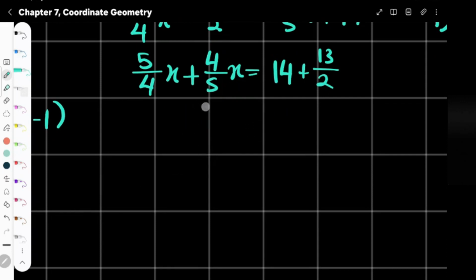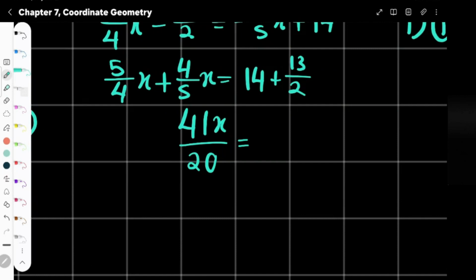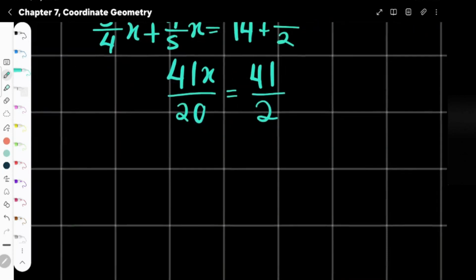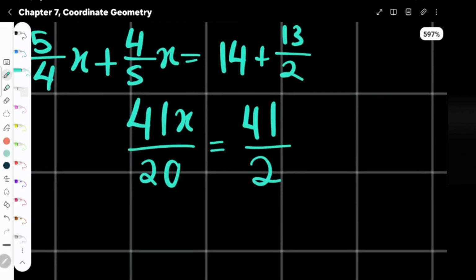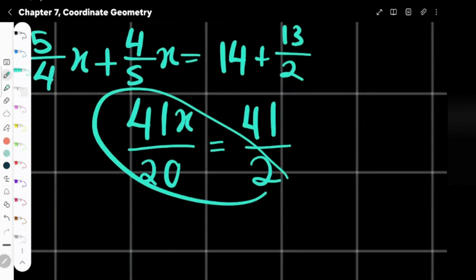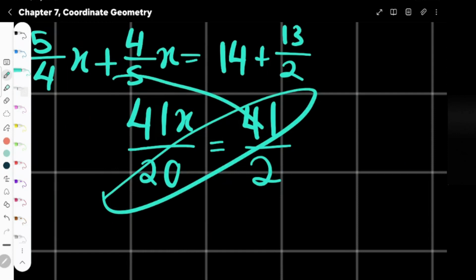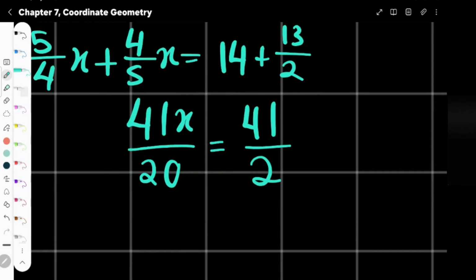I'm just going to write it like this so it's very easy for you to see, equal to 14 plus 13/2, which becomes 41/2. Now we can use common sense or use the butterfly method, which is this times this and this times this, so you get a butterfly. This is very primary school, but yes, you can do that.